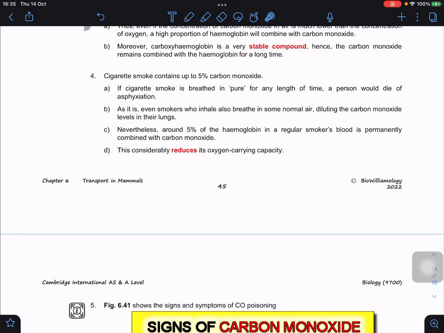Are you clear? Okay, so this is the effect of CO on our hemoglobin. The idea here is that the presence of CO binding to hemoglobin, forming carboxyhemoglobin, reduces the oxygen carrying capacity in our blood, the smoker's blood.